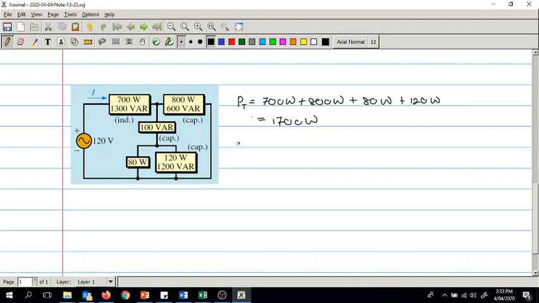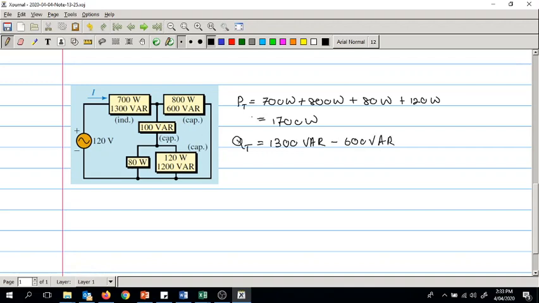Now what about Q? QT, can you give me an answer? You just add individual components. 1300 is inductive, so that is plus, so 1300 VAR. Now this is capacitive, so it is minus 600 VAR.